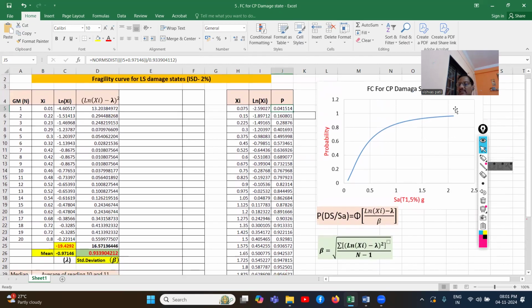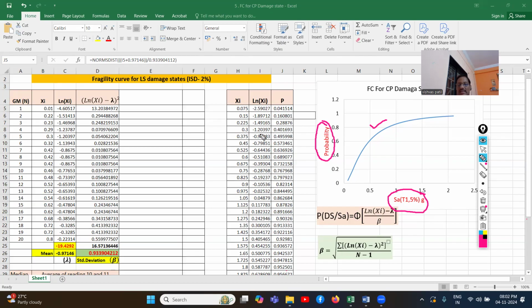Then plot a fragility curve such that on the y-axis it is probability, and on the x-axis spectral acceleration, because we are constructing a spectral acceleration based fragility curve.